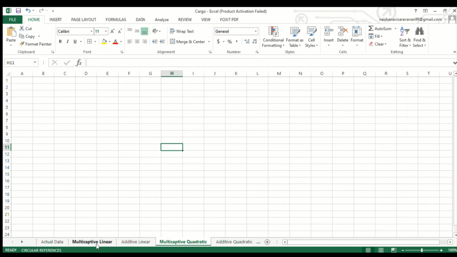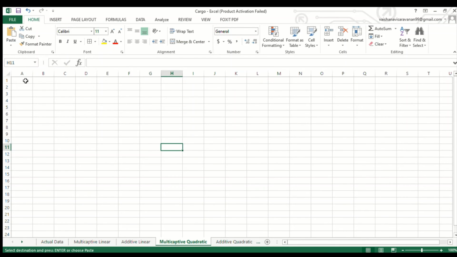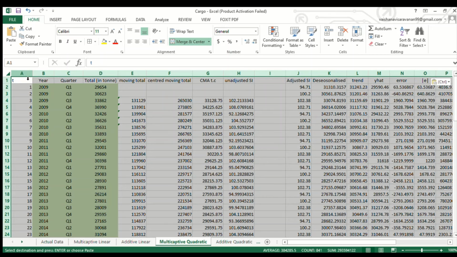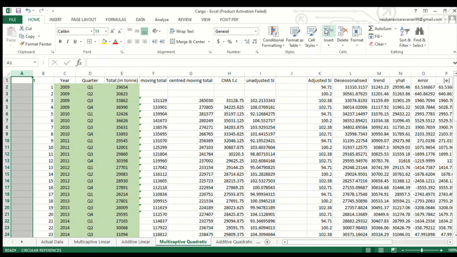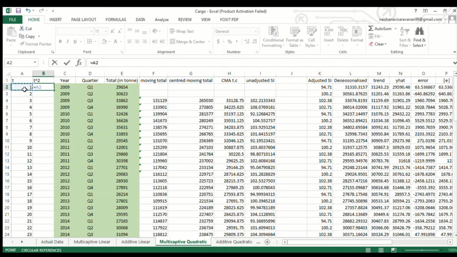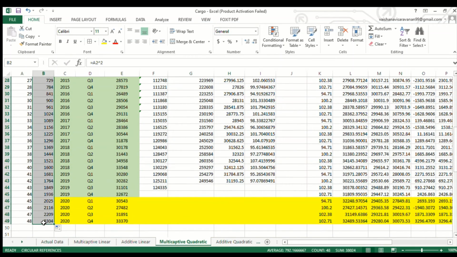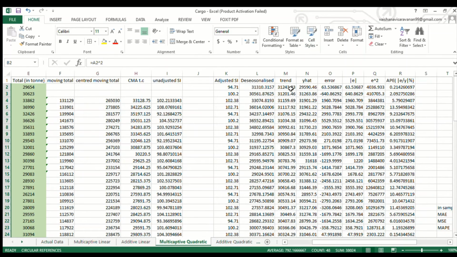For the multiplicative quadratic model, we just take the values from the multiplicative linear model and we are going to add an extra column, which is t squared, t to the power of 2. For the part where we calculate the trend, we use our t squared value instead of our t value.